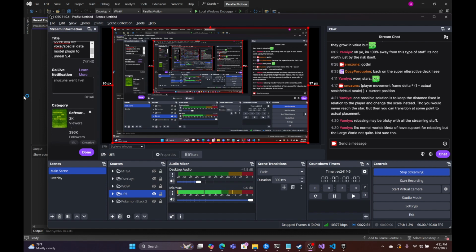So they shouldn't need to be rebased beyond just being told, hey, we're rebasing, move your root, which it should do automatically. But we're going to have to put something like a 100 billion unit box around the origin, and when you exceed that, you rebase.